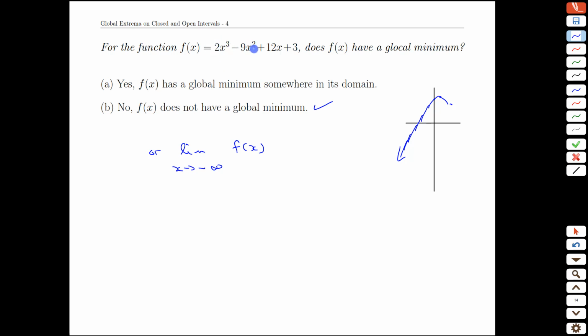When x is large, the x squareds and x's don't matter as much. And if we put a negative large number in here, this function is going to approach negative infinity, and so we have no single lowest point in the end. And if we don't have a single lowest point, that means we have no global minimum.